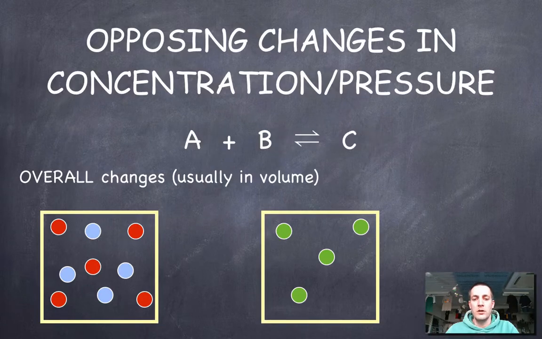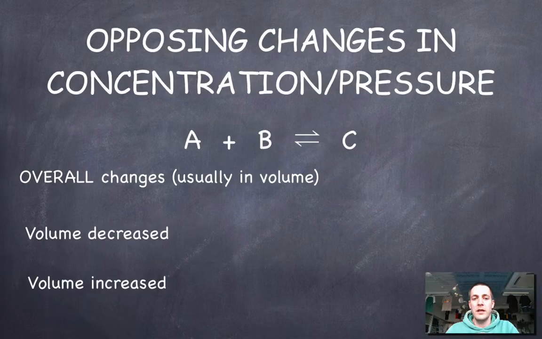So, if there's an overall change in concentration or pressure, let's say I decrease the volume of my container, what is the system going to try and do? Well, it can't change the size of the container, but what's happened when I decreased the volume? I increased the pressure.